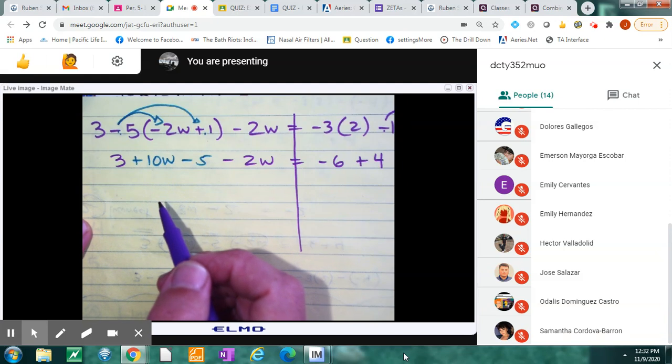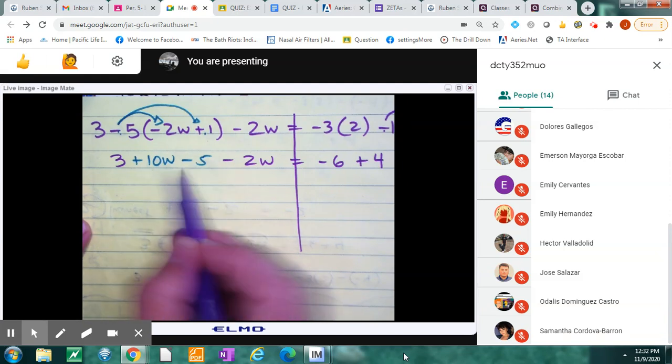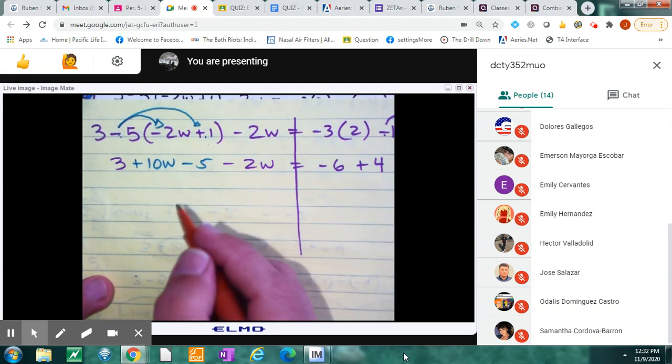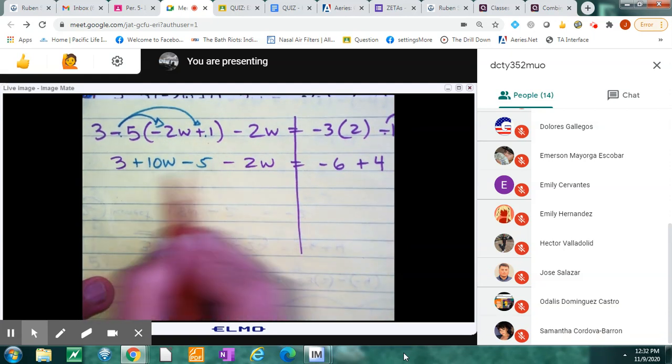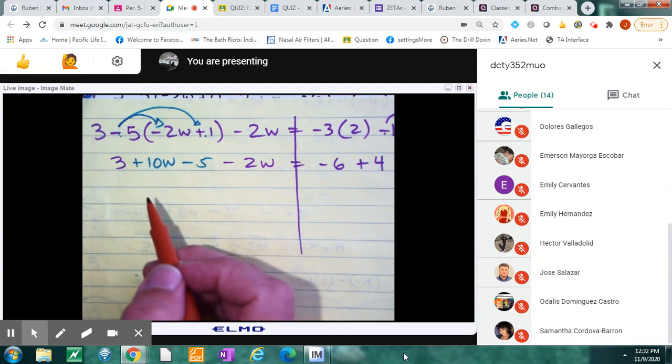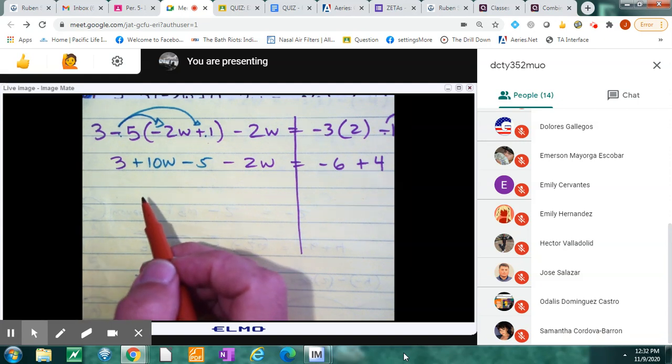What are we going to combine on the left side? Oh my goodness. But you should know how to do this. What are we going to combine on the left side? Emerson?